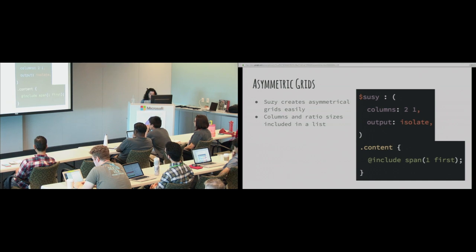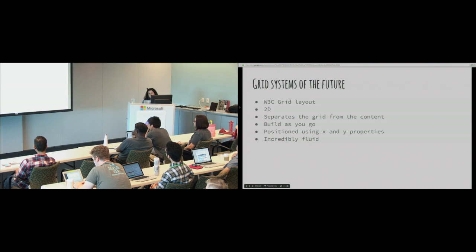So next, let's talk about grid systems of the future. And W3C is currently working on a browser-based grid, and it's currently in that awesome draft document status that Flexbox is in.